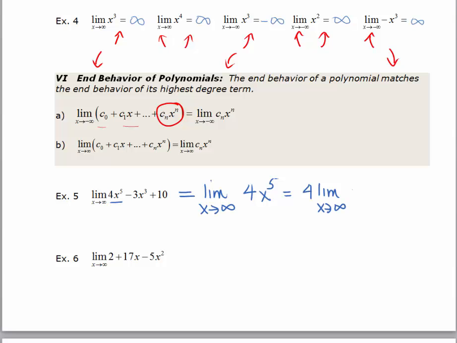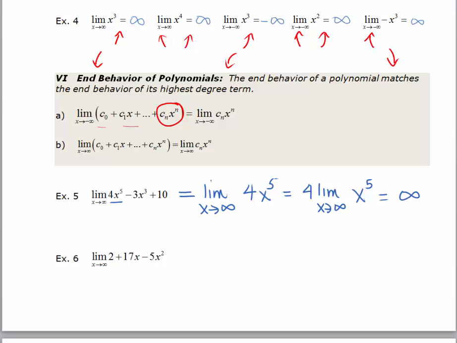Later on you can actually do this in your head. I'm going to have 4 times the limit as x approaches infinity of x to the 5th. This is a positive base, and if it's positive infinity, no matter what the exponent is, as long as it's a positive integer, this is going to infinity. So 4 times infinity is going to be infinity.